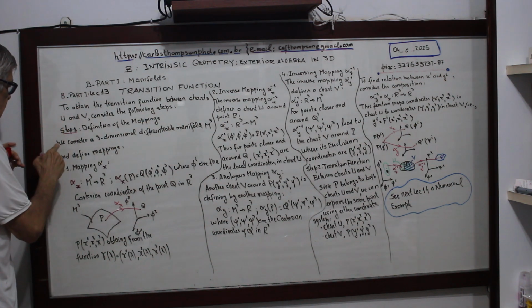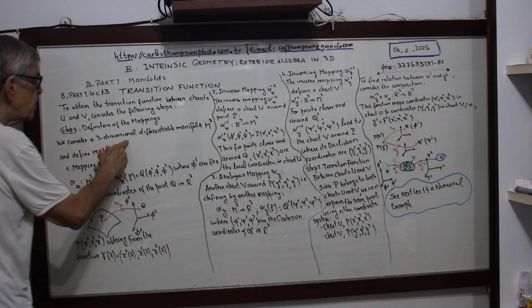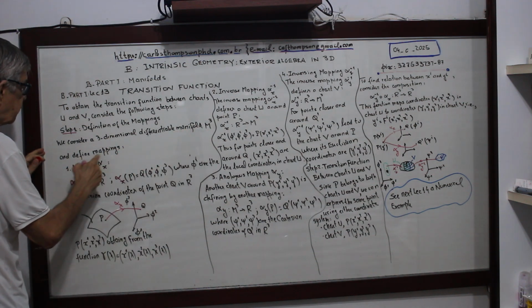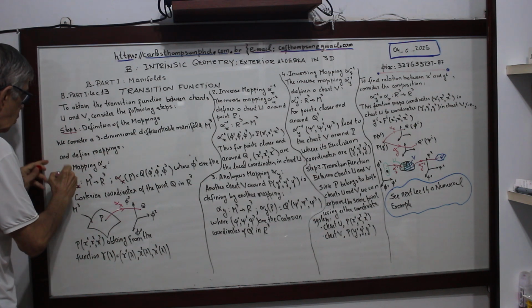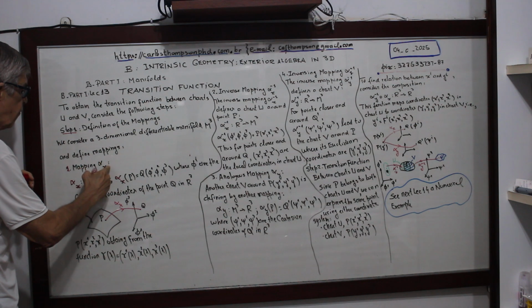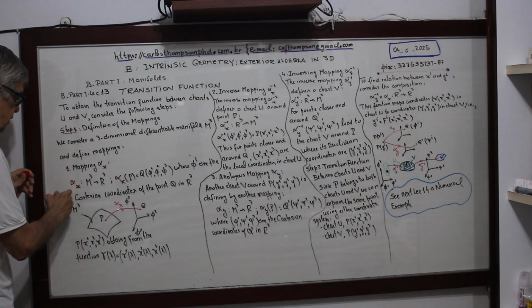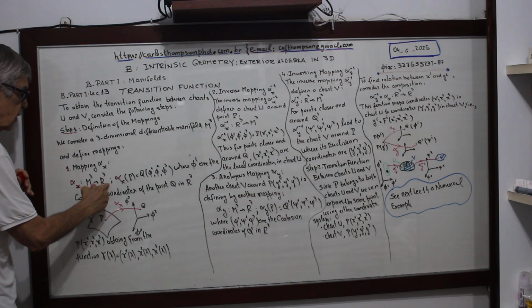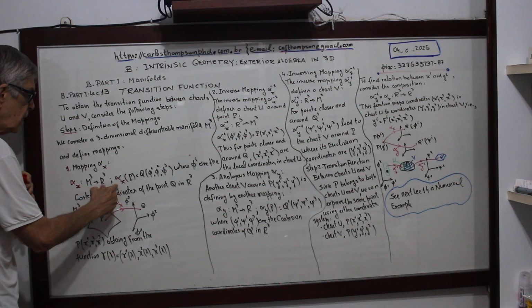In this case, we consider a three-dimensional differentiable manifold M3 and define a mapping alpha sub x. You see, there's a map from M3 to the Euclidean space R3.